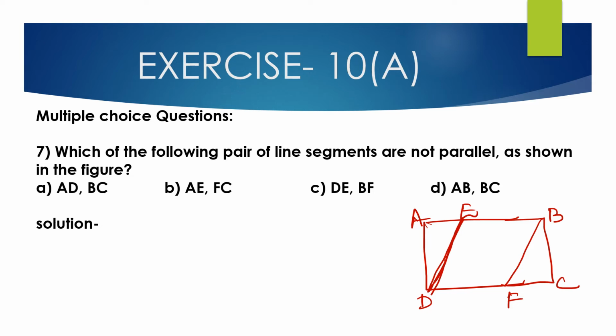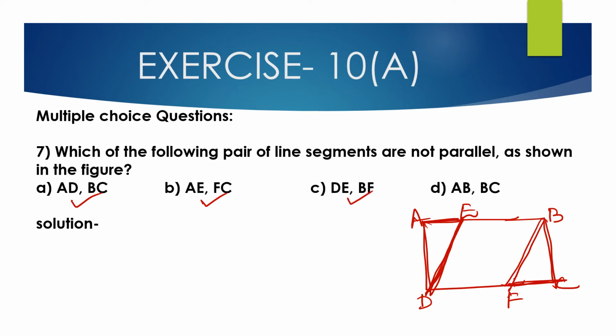The options are AD, BC. This is AD line, BC line. AD and BC are parallel. AE, FC. This is AE and this is FC. AE and FC also parallel. DE, BF. This is also parallel.